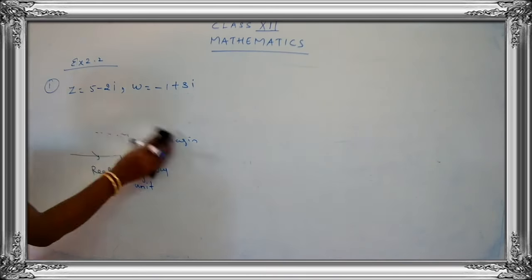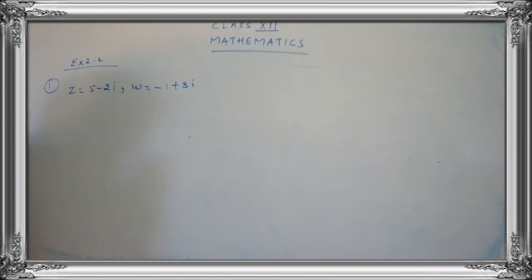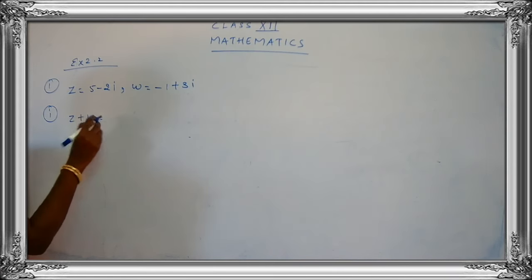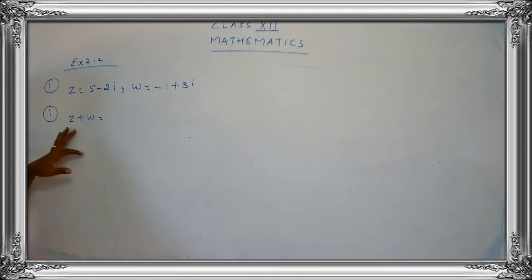Okay. So z is given as 5 minus 2i, w is minus 1 plus 3i. Now we are going to perform the first sum, that is z plus w. Children, what is this algebraic operation? Which operation is followed over here? Yes, it's addition. So how are you going to do it?